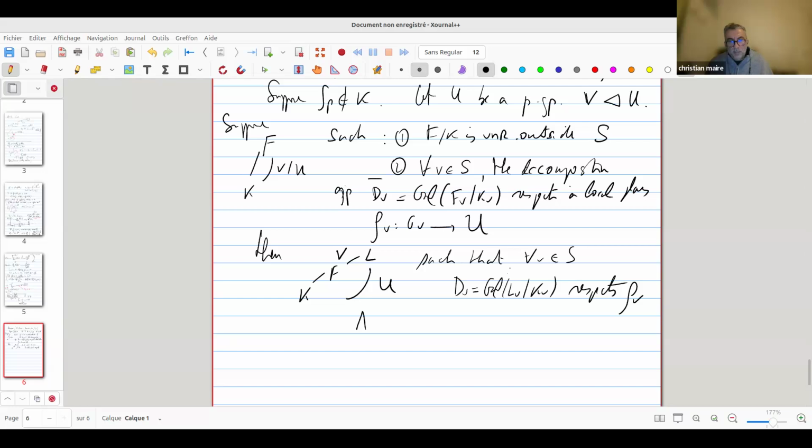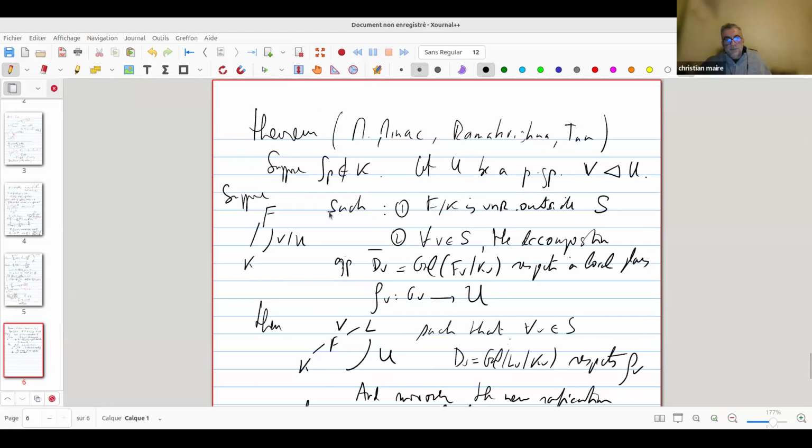And moreover, it's important, to do that, we can add some extra ramification. The new ramification also respects some local plan. I don't want to be more precise, but this is the theorem.